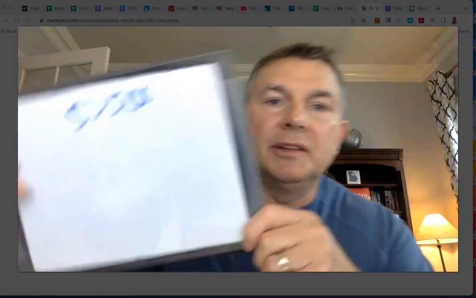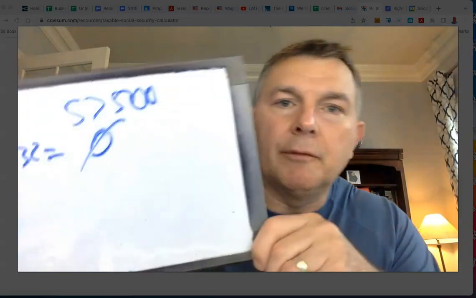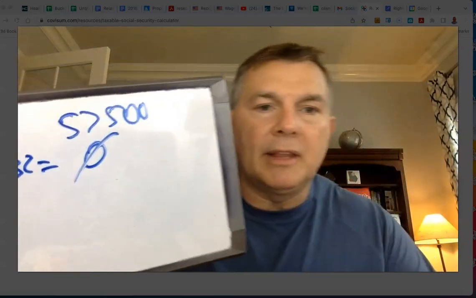All right, so we know our provisional income was $57,500. Now, the provisional income rules: we got to figure out how much of that is subject to taxation. The first $32,000 is nothing. So we can immediately say the first $32,000 of that $57,500 is free and clear of any tax.